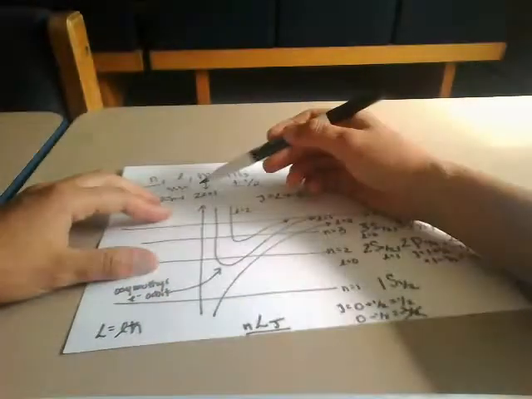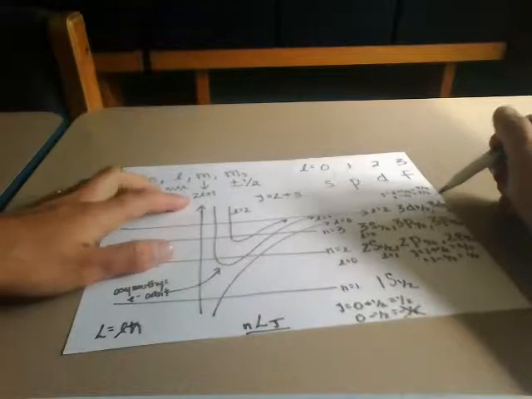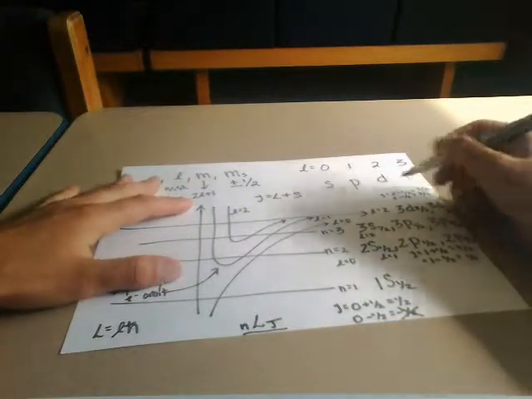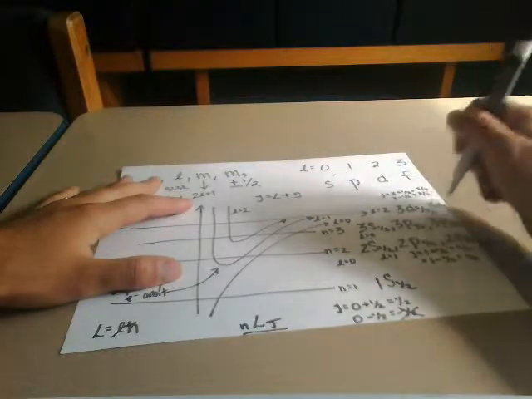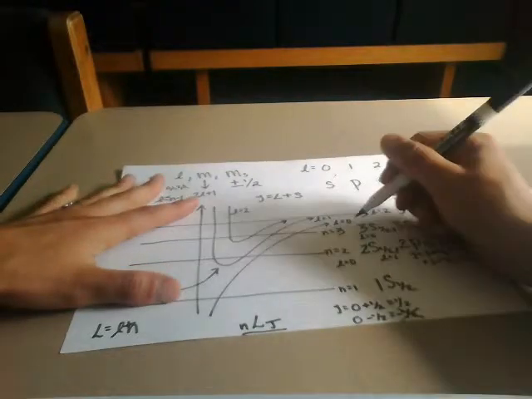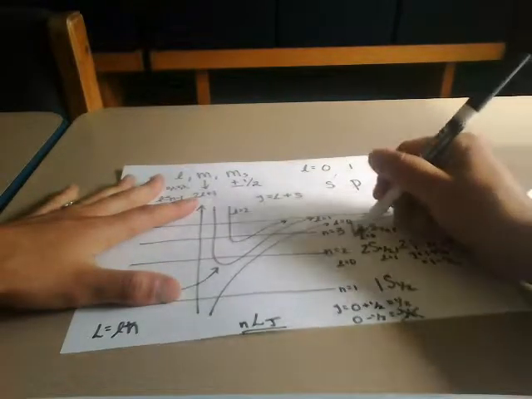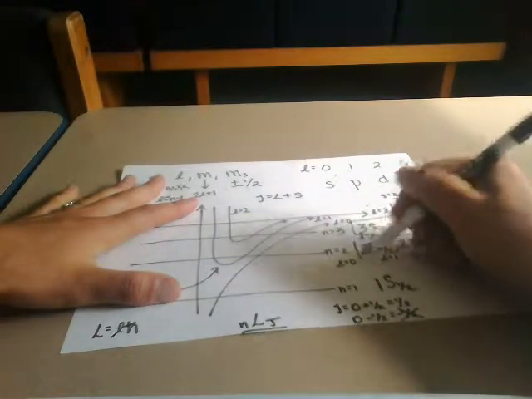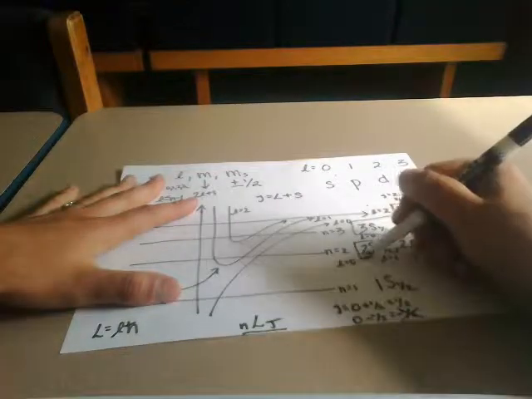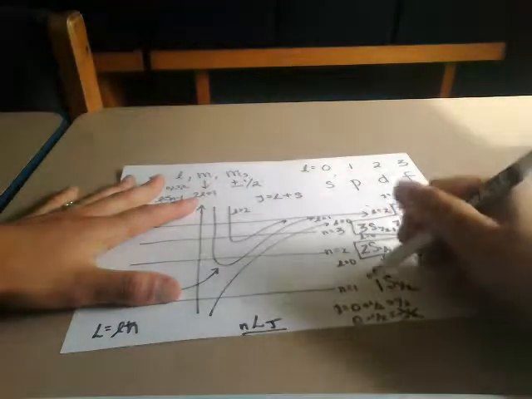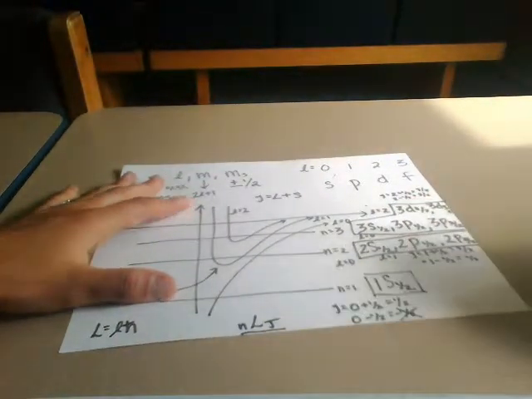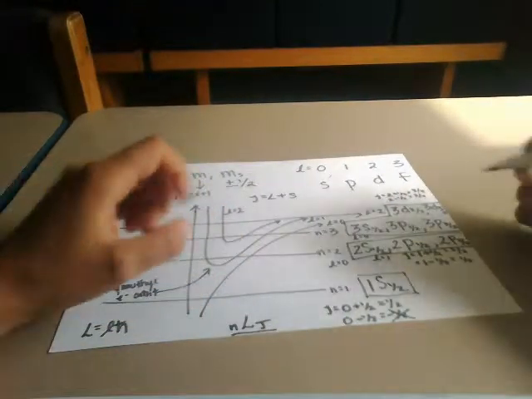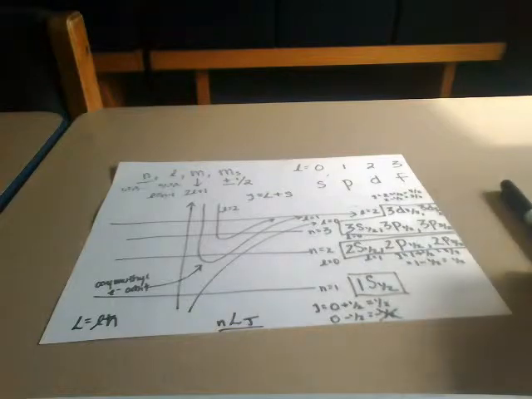Check that with our M, so our highest L value is 2, so 2 times 2 plus 1 is 5, and we have 1, 2, 3, 4, 5 different electron states for our N equals 3 energy level. This is our N equals 1 energy level, our N equals 2 energy level, and this is our N equals 3 energy level for an atom.